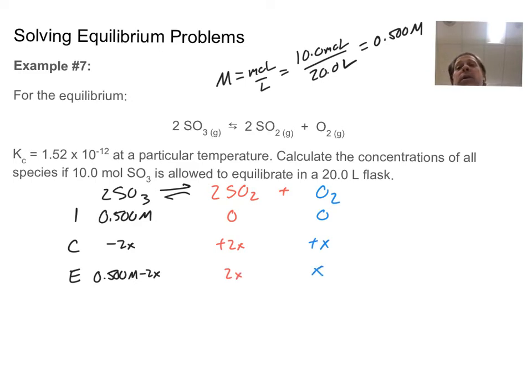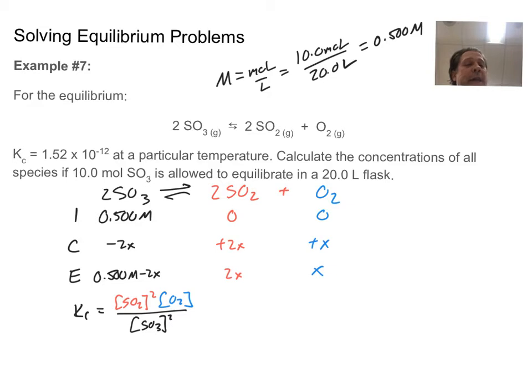Now, when I write my equilibrium expression here, I'm going to have Kc is equal to the concentration of products, so that will be the concentration of SO2 squared times the concentration of O2 divided by the concentration of SO3 squared. Okay.